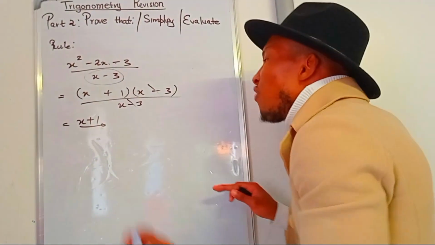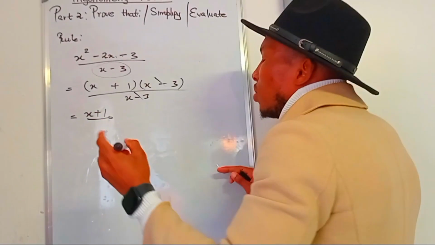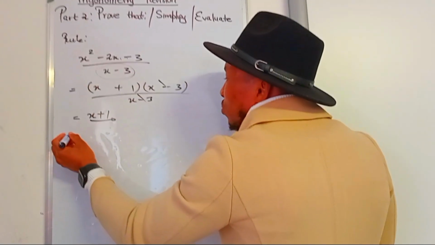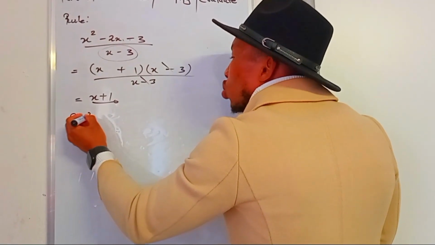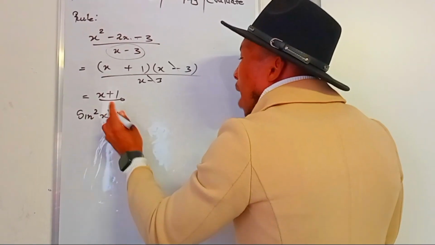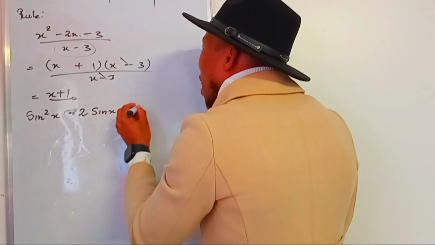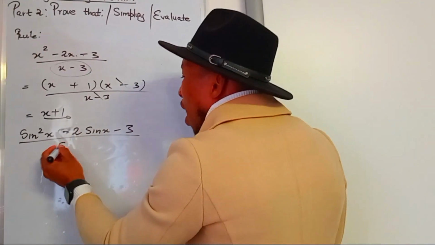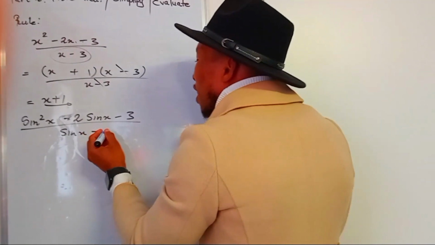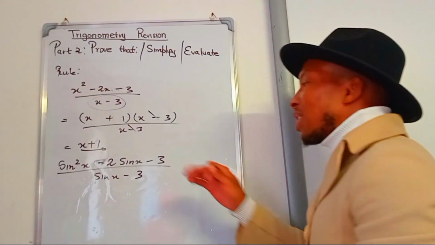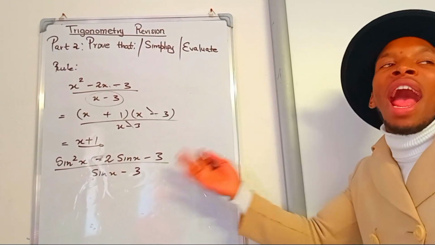Then in grade 12, what they are going to say to you is that we have sine squared x minus 2 sine x minus 3, all over sine x minus 3. Then they're just asking you to prove or simplify this side.